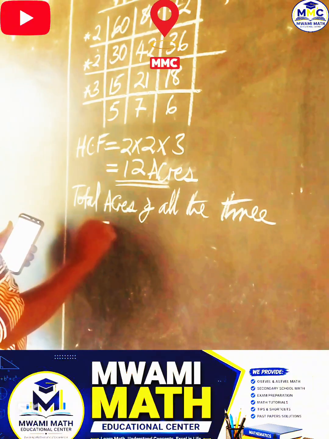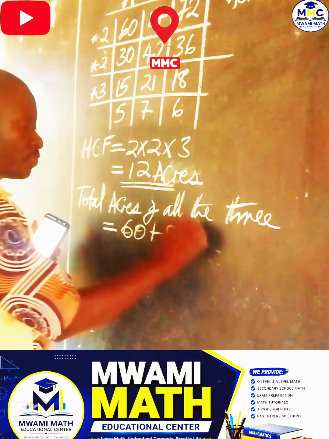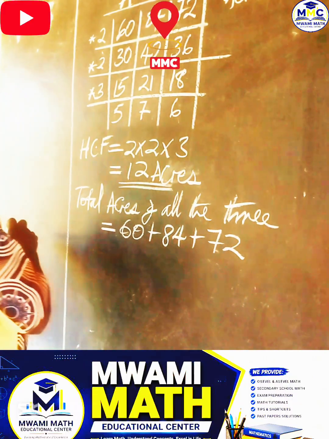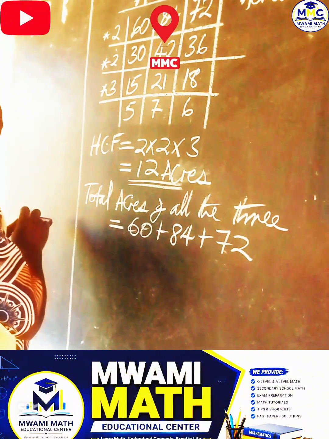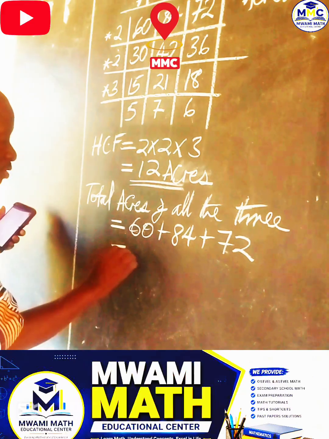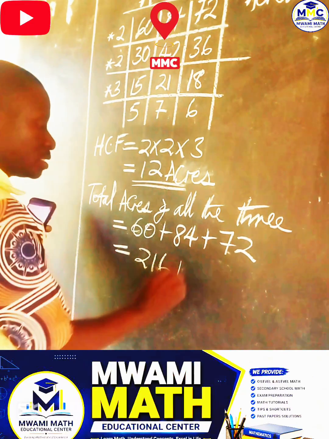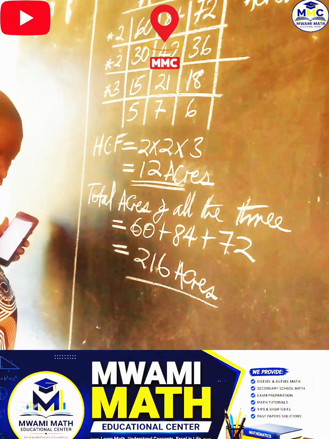This gives us 60 plus 84 plus 72. From that, we have 216 acres in total.